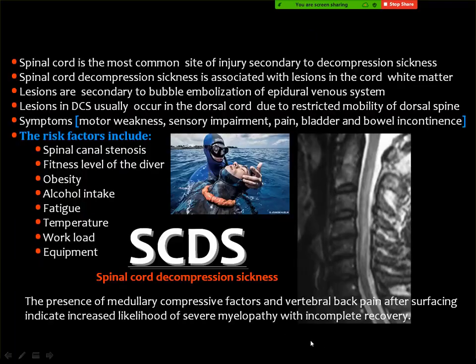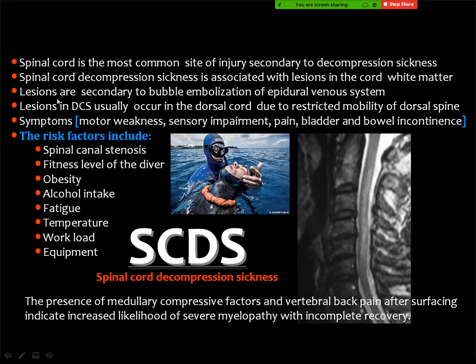This is known as spinal cord decompression sickness, and according to the literature, it is common in the dorsal region, where this part of the vertebrae is not mobile, unlike the cervical or the lumbar spine.